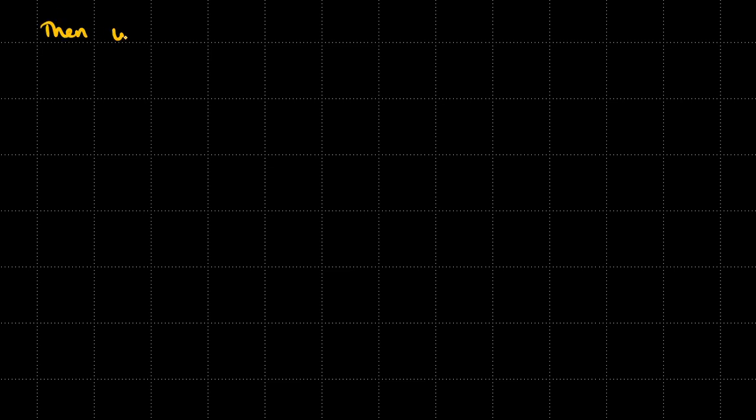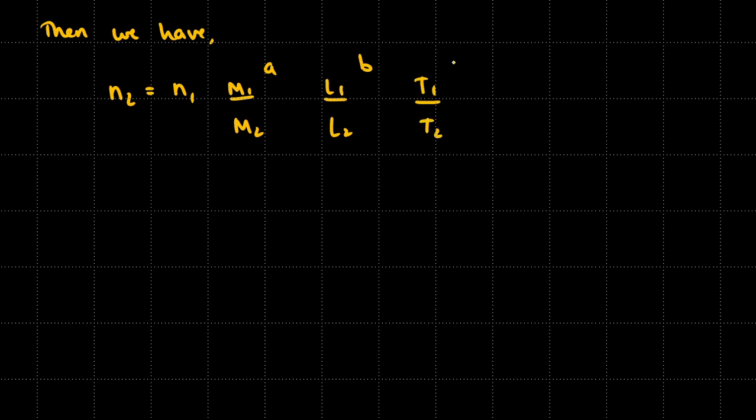Then we have the formula that we have to use dimensionally: N2 is equal to N1 times (M1 by M2) to the power a, (L1 by L2) to the power b, (T1 by T2) to the power c. So let's do it.